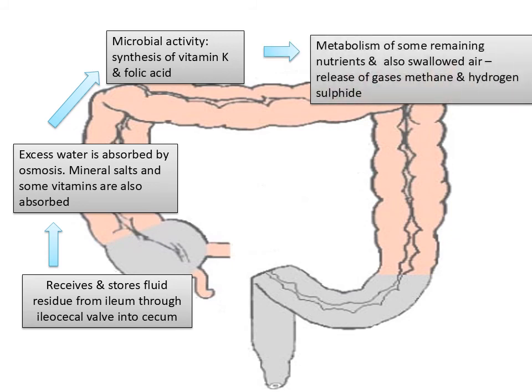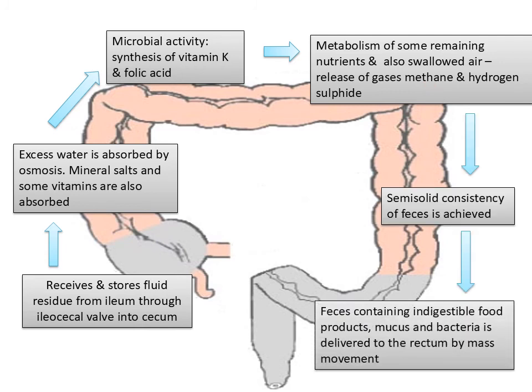Also, some of the swallowed air can release gases like methane, hydrogen sulfide, etc. in the large intestine. Semi-solid consistency of the feces will be achieved, and the feces contain indigestible food products, mucus, and bacteria, delivered to the rectum by mass movement, mass peristalsis.